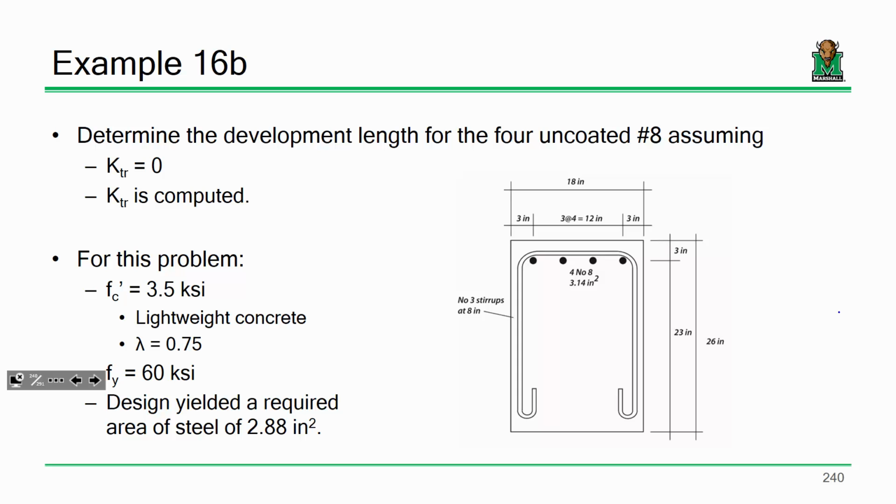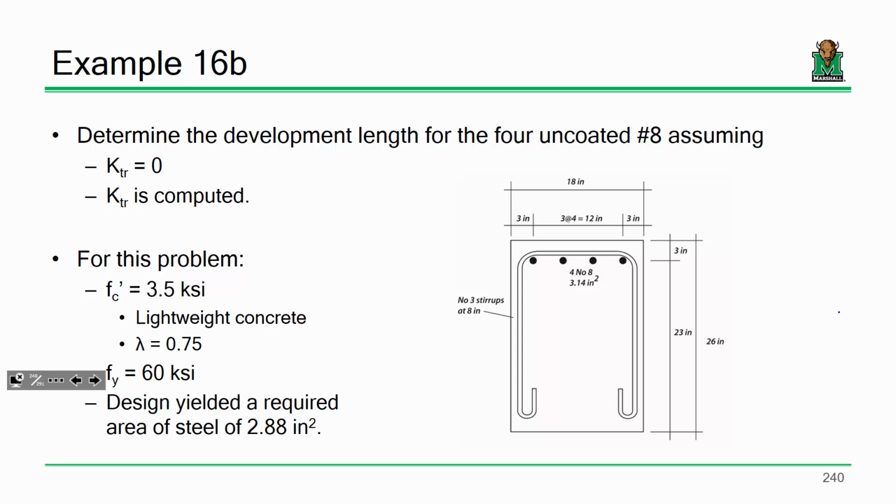What we ended up doing is going into the manual, in the charts, and finding the next best option, which was 4 number 8s of 3.14 square inches. In other words, we provided more steel in the beam than we needed. Not a lot more, but a little bit more. So 2.88 square inches versus 3.14. So we're going to be able to reduce our development length a little bit because of that difference.